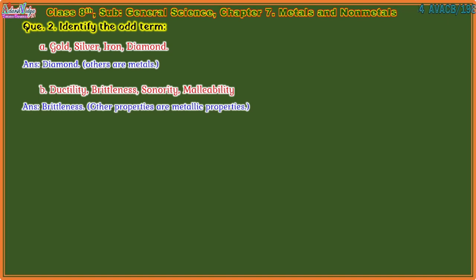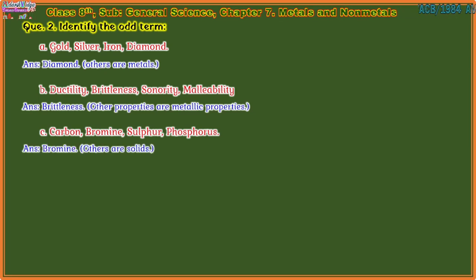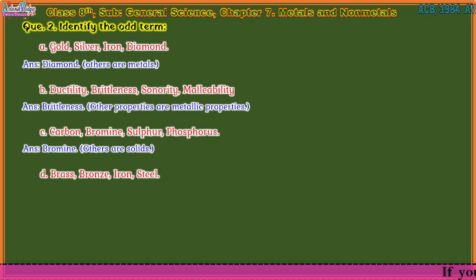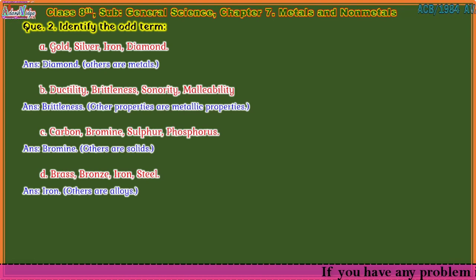Third terms are carbon, bromine, sulfur, phosphorus. Answer is bromine. Others are solids. Fourth terms are brass, bronze, iron, steel. Answer is iron. Others are alloys.